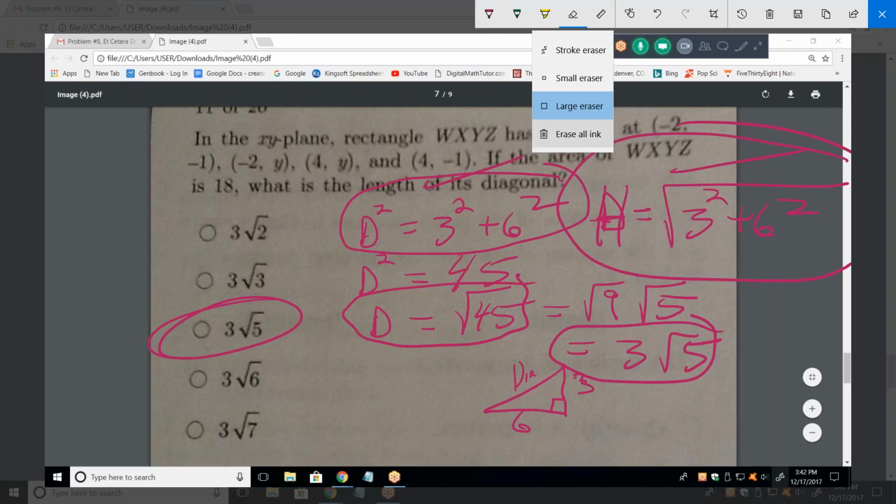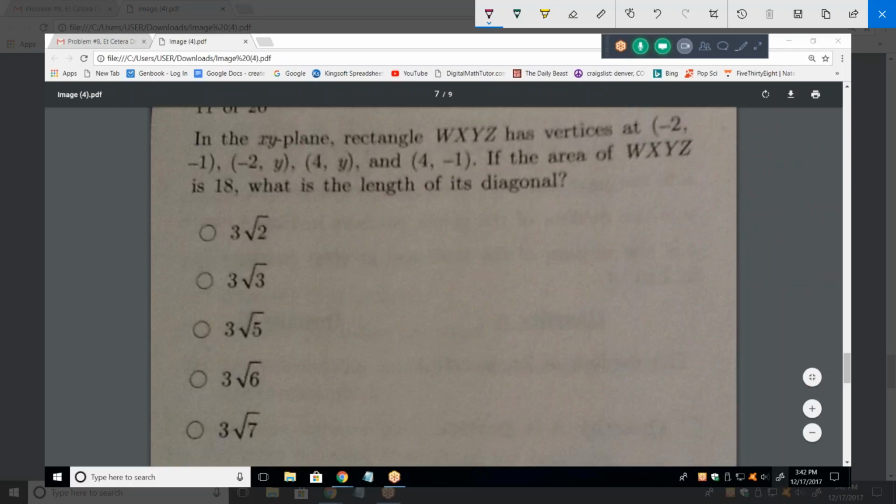But let's talk about how we do any side of a right triangle. Call that A, call that B, call that C. So what we're saying is the hypotenuse is always the square root of A squared plus B squared. Well, what is A?